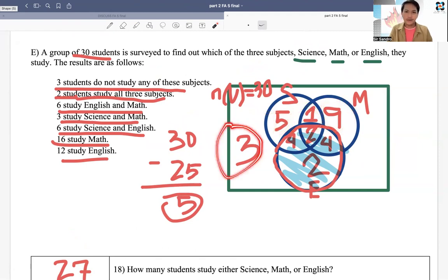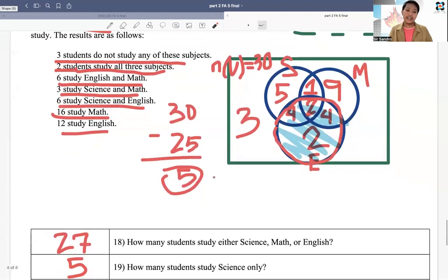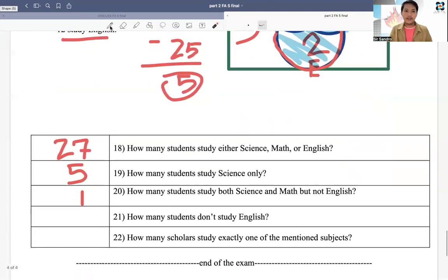That is the common error of grade 7 students. So you still have to include the 3 because they don't study English as well. They don't study science, math, or English. So we have 9 plus 1, that is 10, plus 5, that is 15, plus 3, that is 18. So there are 18 people who don't study English. Okay, can you follow? That is 18.